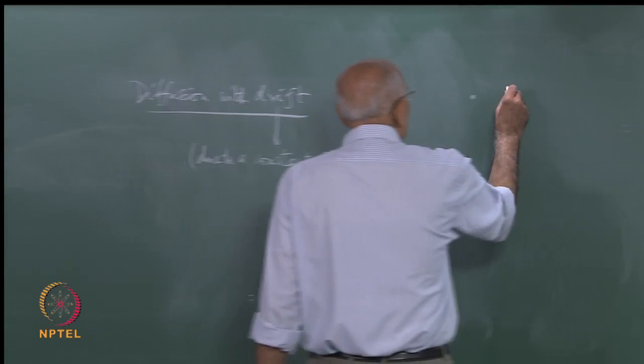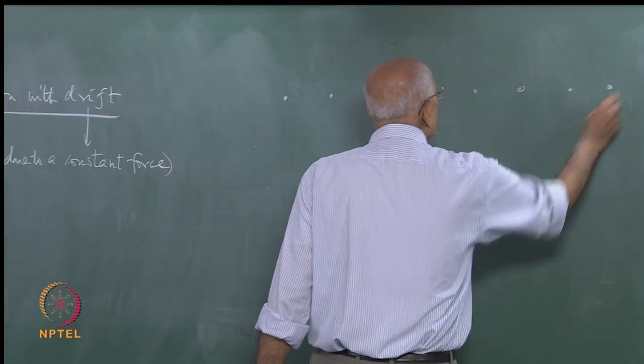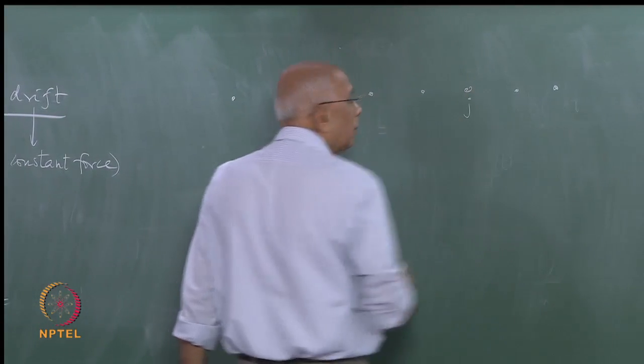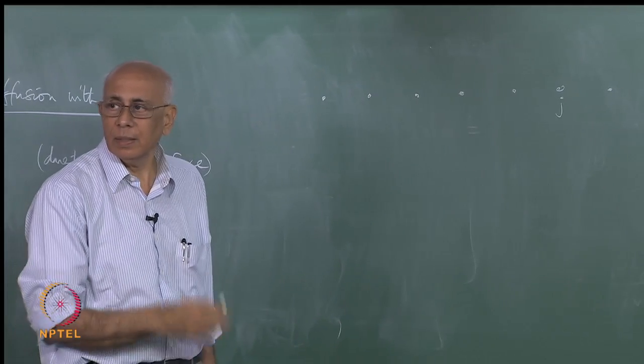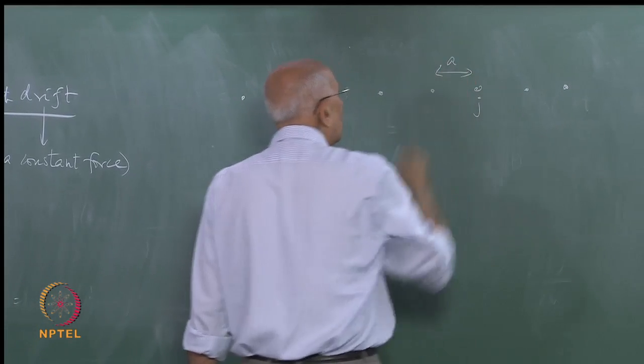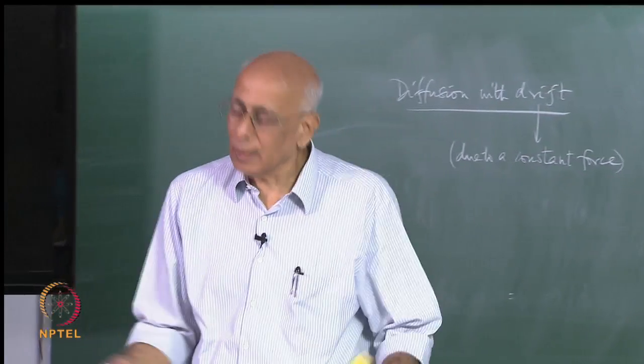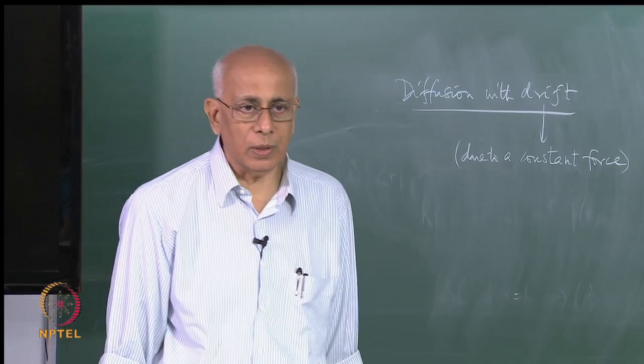So let us look at the problem of a random walker who walks on a linear lattice. The steps are labeled by this integer j, and let us say that the step size is a and the time step is tau. Let me put the time step in and then take the limit in which the time step goes to 0.